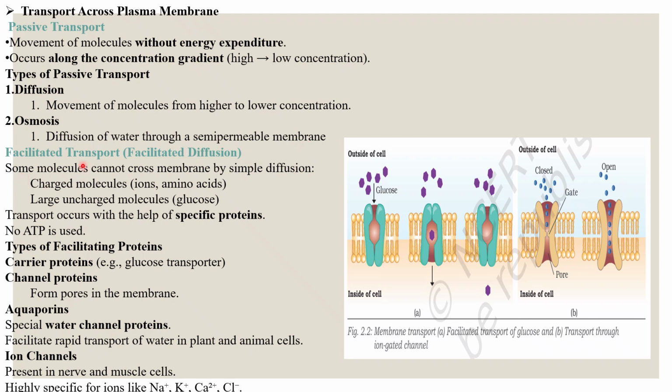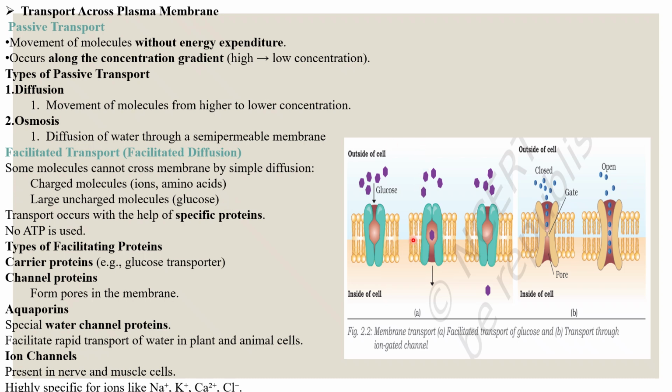The other transport is facilitated transport. It is also a type of passive transport, but in this case, we know that the plasma membrane is a selectively permeable membrane, so it doesn't allow some molecules to enter into the cells or to go out of the cells because of the nature of the molecules, like the charged molecules or those molecules which are of large size.